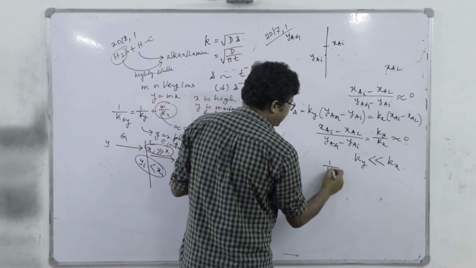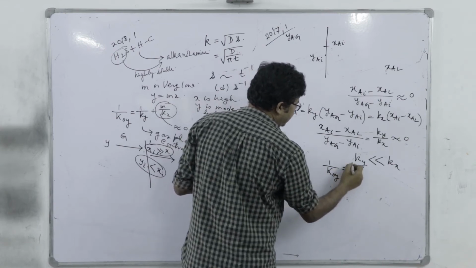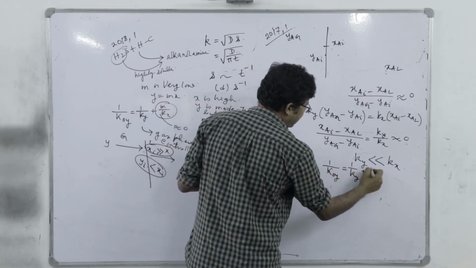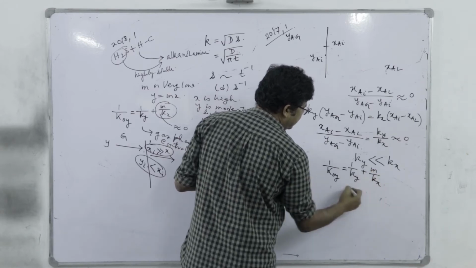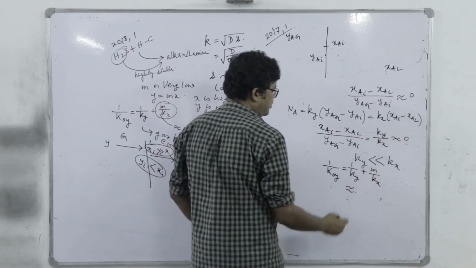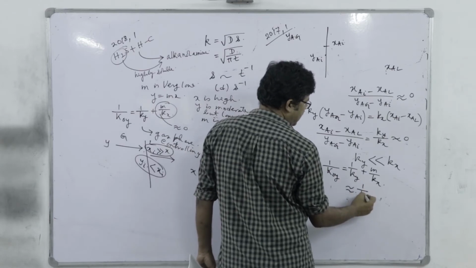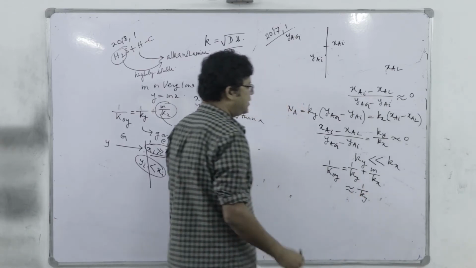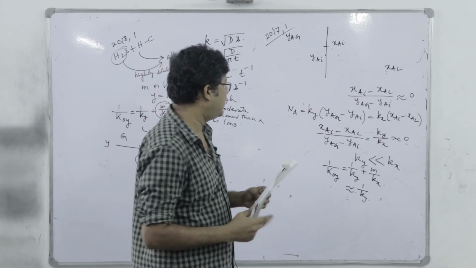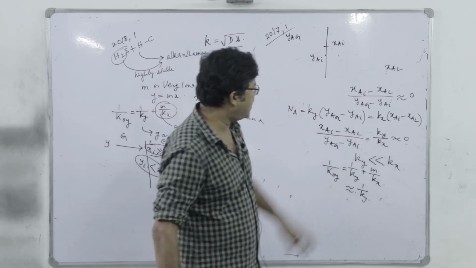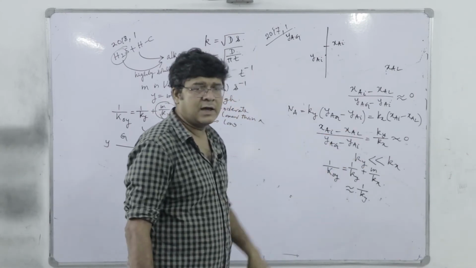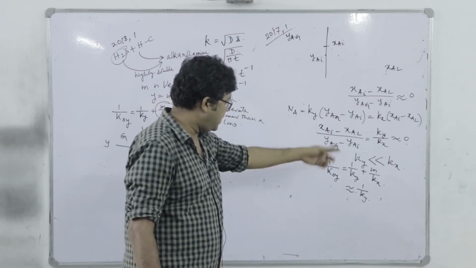So 1 divided by Koy, we know that it is 1 by Ky plus m by Kx, so this is nearly equal to 1 by Ky, right, because Ky is much smaller than Kx, that we can understand. So 1 by Ky will be much larger than m by Kx.